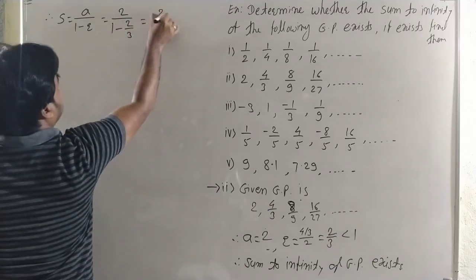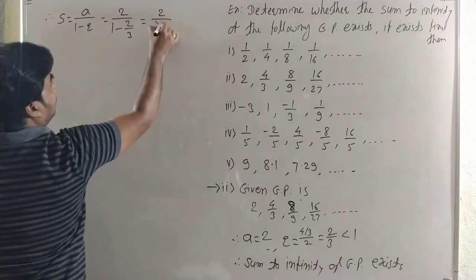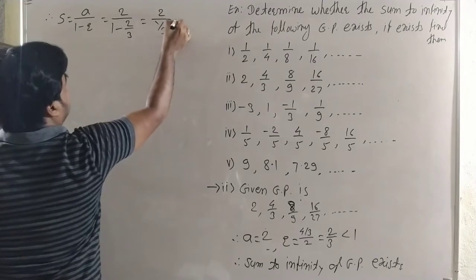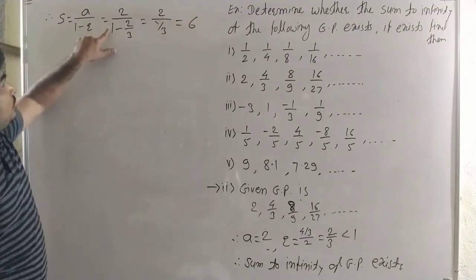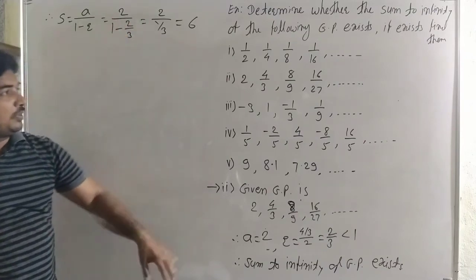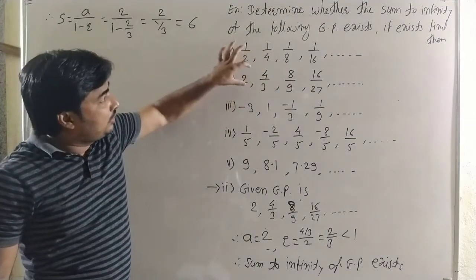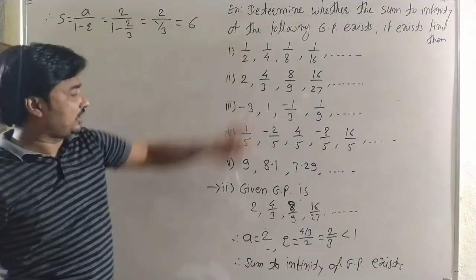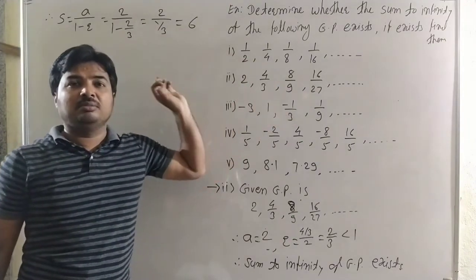Now we take the calculation: 2 upon 2/3. 3 minus 2 is 1/3, and then it is 6. See carefully, 3 minus 2 is 1/3, 2 upon 1/3 is 6. That means the sum to infinity of the geometric progression is 6. The sum of all the infinite terms will be 6.